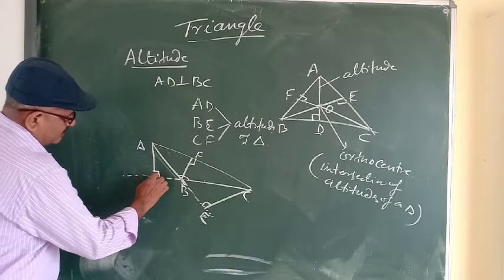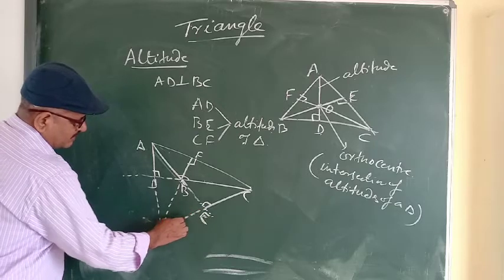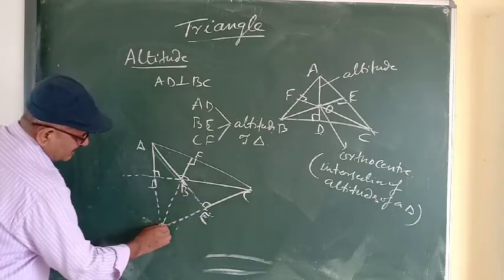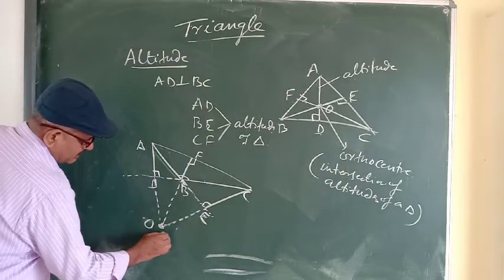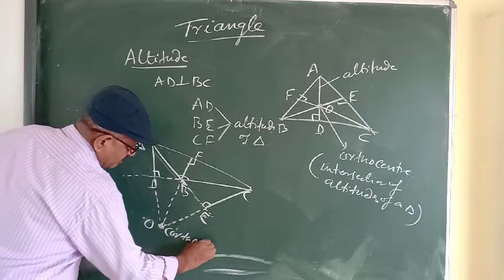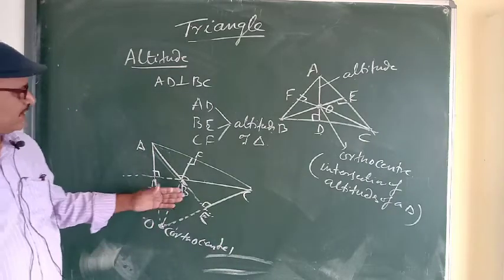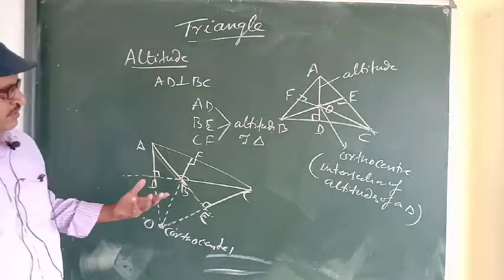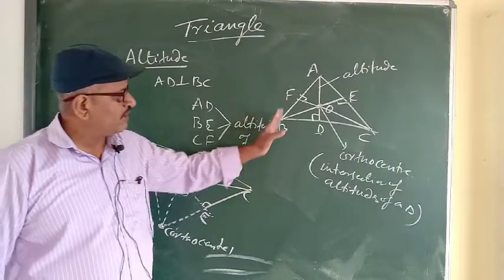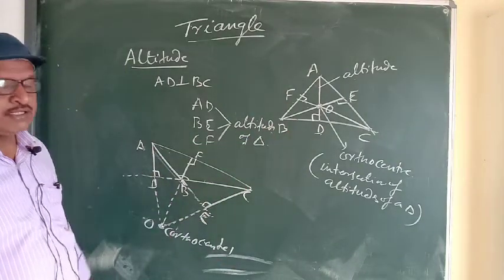If we produce it, these three altitudes meet at this point O. It is called orthocenter. So orthocenter may lie outside the triangle also. It is not necessary that it will always lie inside the triangle. Altitude also may lie outside the triangle.